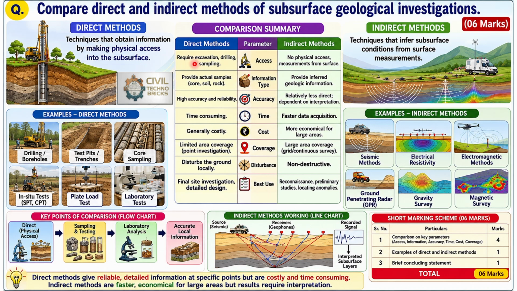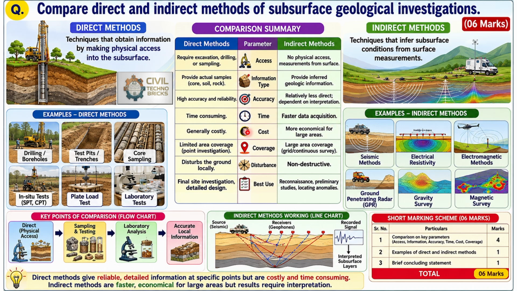Direct methods require excavation, drilling and sampling, but for indirect methods no physical access is required; measurements are taken from the surface, that is, we get the measurements with GPS or sensor techniques. From the accuracy point of view, direct methods have high accuracy and high reliability, but indirect methods are relatively less direct and depend on interpretation. Direct methods are time consuming, while indirect methods give faster data acquisition.